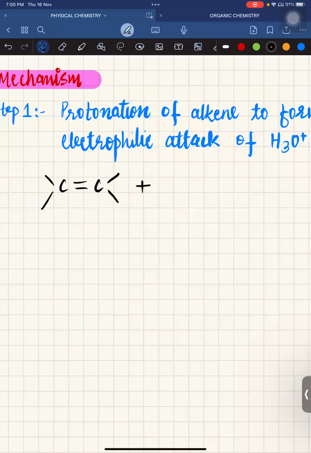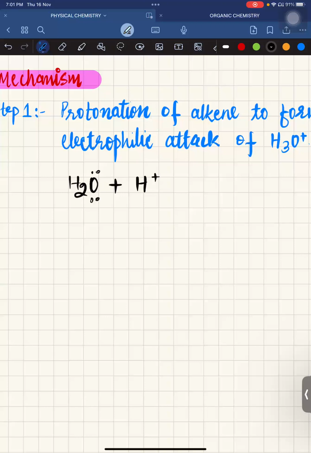So first of all, acid is present in H2O. So formation of H3O positive will take place. First I'm going to show that reaction. Basically, H2O is there and acid is present in H2O. You know that oxygen has a lone pair.